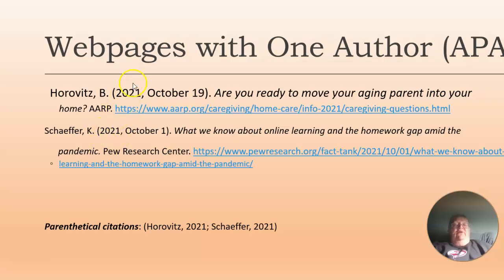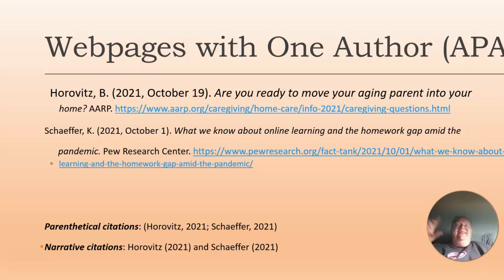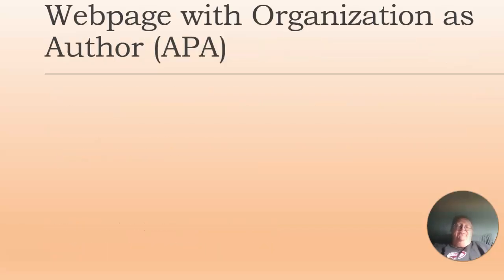So the dates are given here for both Horowitz and Shaver, and name, comma, 2021, that's the year, end parentheses. If you were citing both of them at the same time, you could do that. And narrative citations, that is a citation in your text, you would say Horowitz 2021 and Schaefer 2021. Say that blah blah blah, whatever it is.